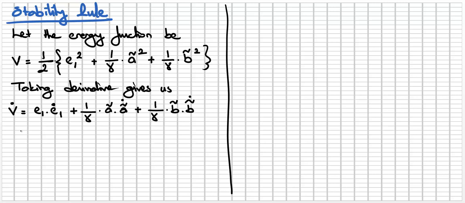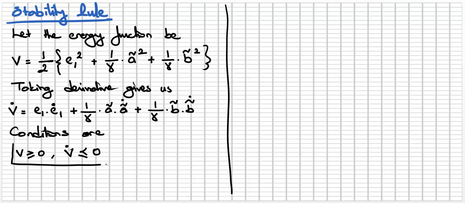And so there are two conditions in here to minimize our function: V should be always greater than 0, and V dot should be always smaller than or equal to 0. Okay, these are the conditions to minimize our function.